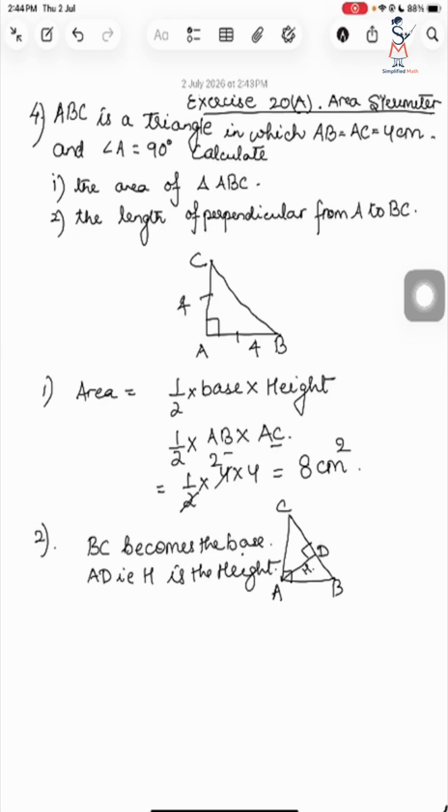So when we take BC as the base and AD as the height, the area formula becomes half into base BC into height AD, that is H.